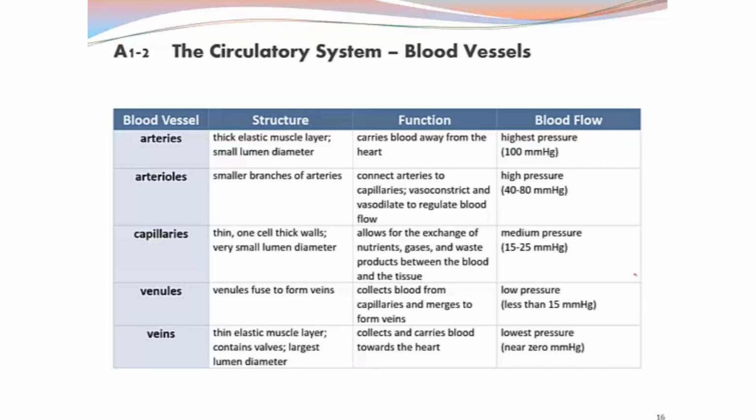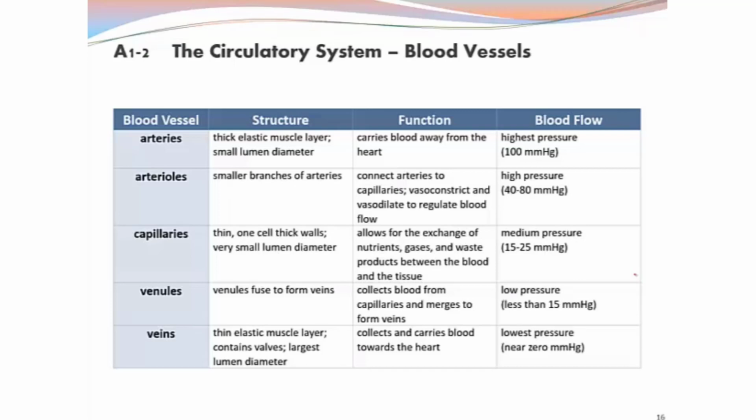And then after that, the capillaries bring the blood back through venules, which then form veins, and veins once again return the blood back to the heart. Now, guys, you have to understand the structure. You have to understand what they look like and what their function is, which we've discussed in this brief introduction, but we also have to know general pressures.